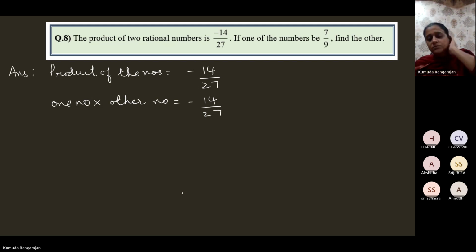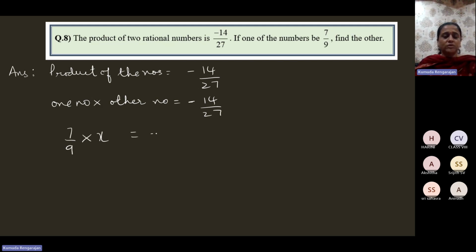Correct? Sorry, product is minus 14 by 27, which means one number into other number is minus 14 by 27. So one of them is given, 7 by 9. So if you take the first number as 7 by 9 into the other number x, it is equal to minus 14 by 27.